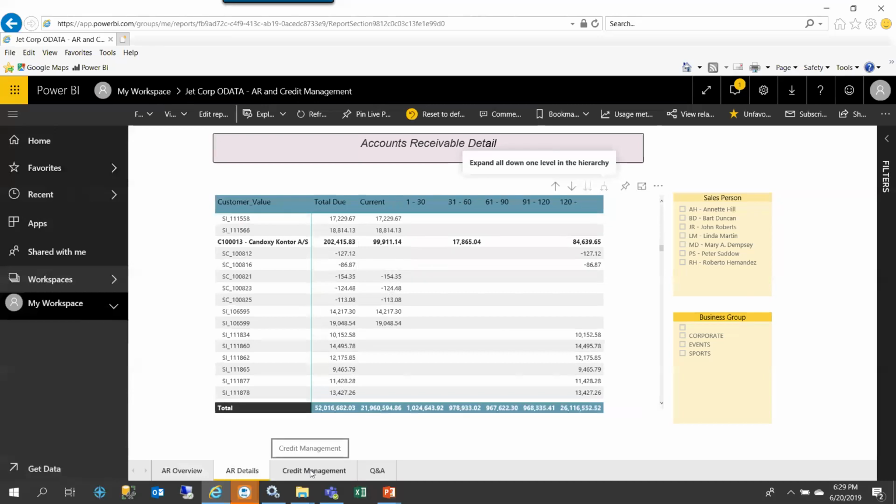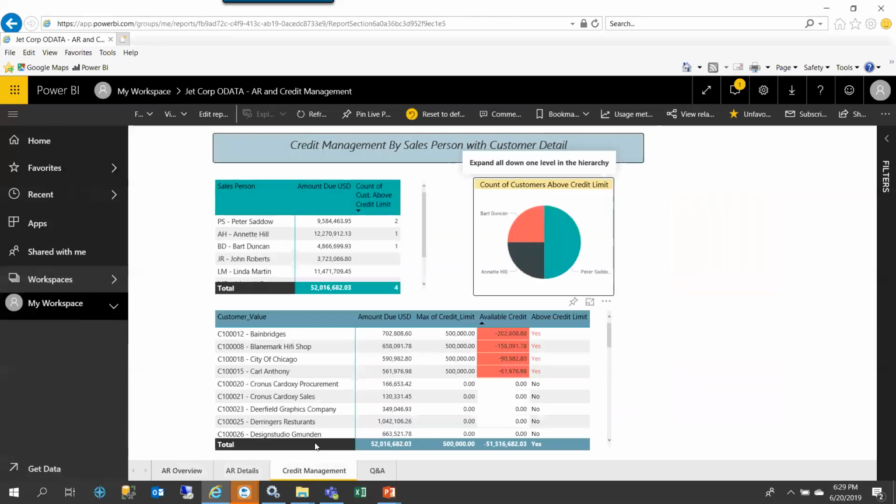We've introduced a third tab called the credit management. What this tab highlights is if a customer is above their credit limit, this is a management tool to allow users of this report to help manage them and spot which one of my customers are actually above that credit limit.